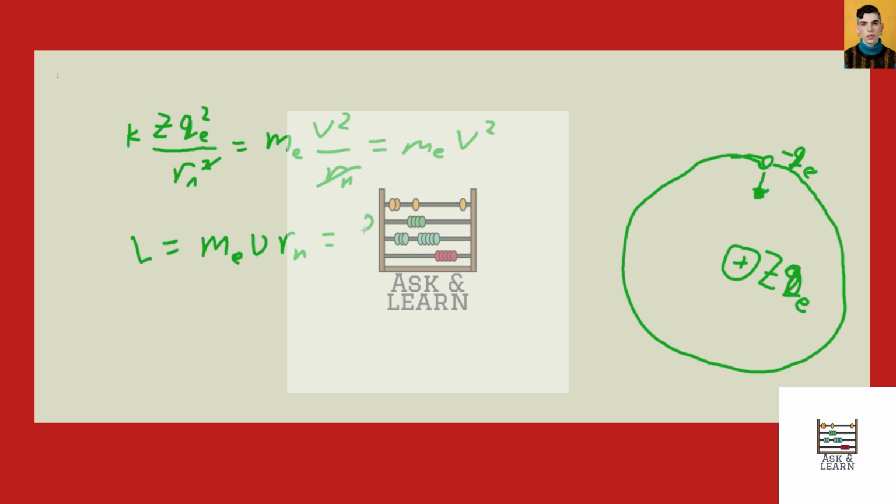So we have some number here, which is the result of an experiment, multiplied by some integer. So V is h over 2 pi m_e R_n, times n.